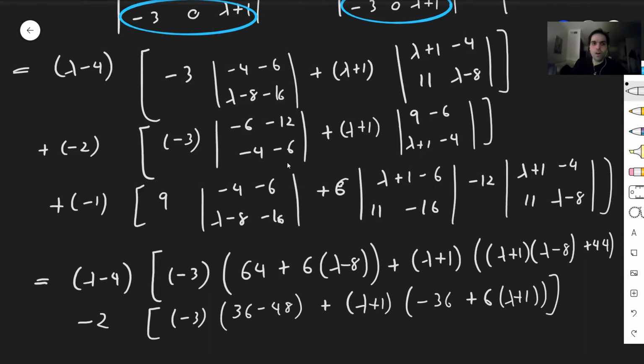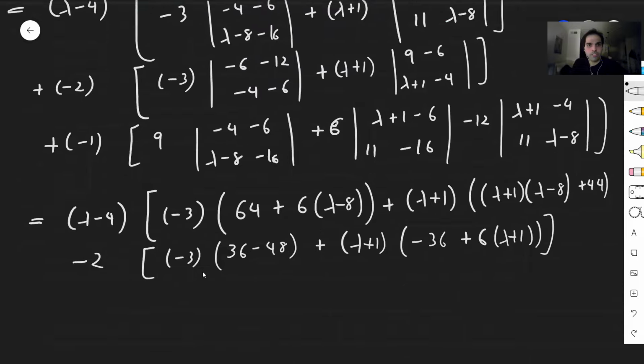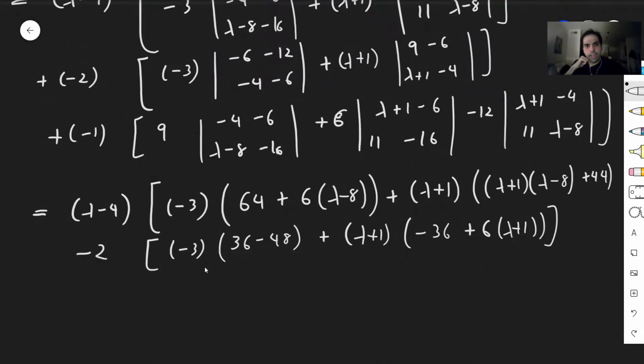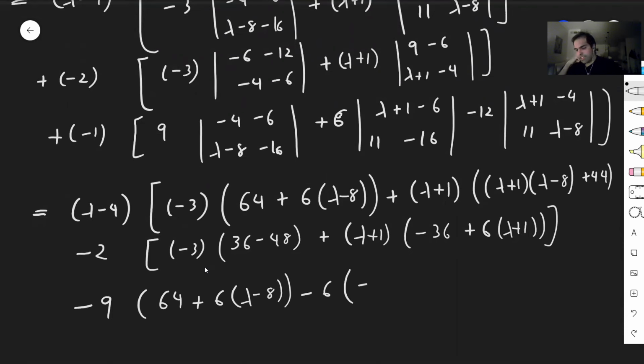And then one last time with this, so it becomes, if you want, we can just expand it out. So minus 9 times 64 plus 6 times lambda minus 8. And then minus 6 times, so minus 16, lambda plus 1 plus 66.